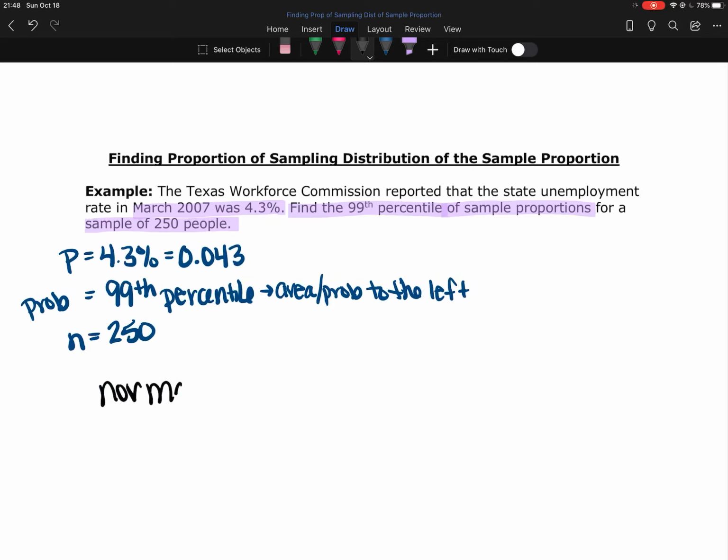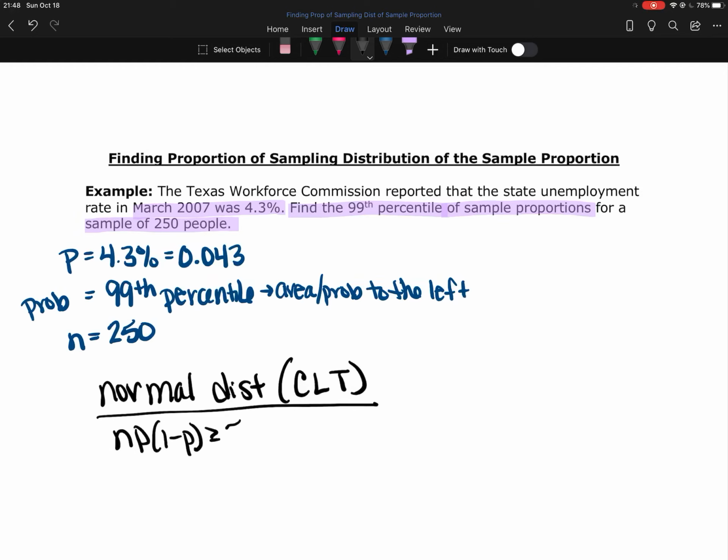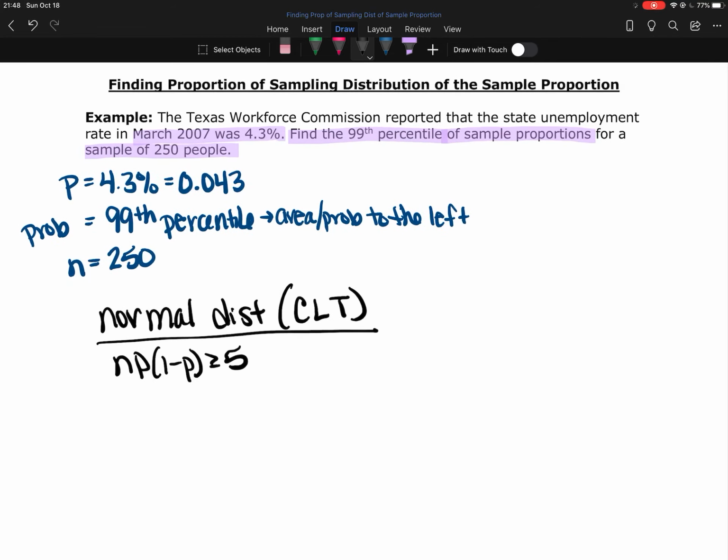So again, we need to check and make sure we have a normal distribution using the central limit theorem of n times p times 1 minus p. The reason I'm doing this over and over again, using the same problem every time, is that when you are working through your homework and classwork, every time you have a new problem with new numbers, you need to make sure you have a normal distribution. We don't want to be assuming anything is normal. We want to be in the habit of always checking.